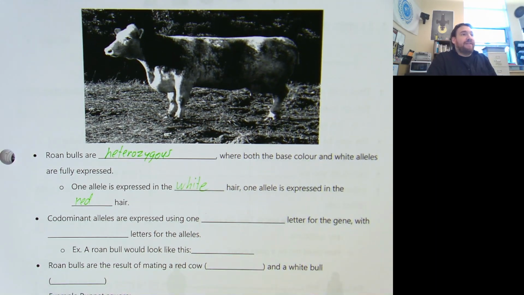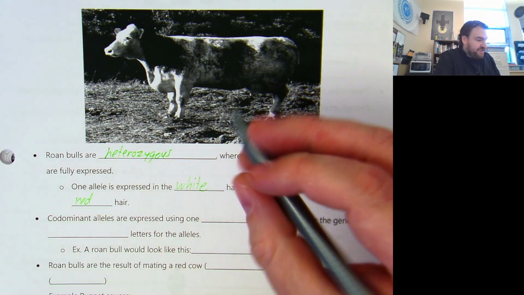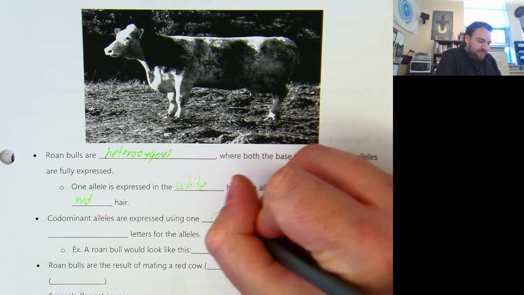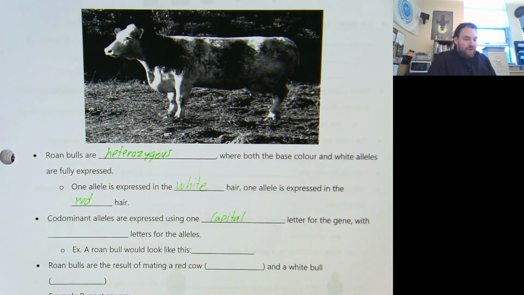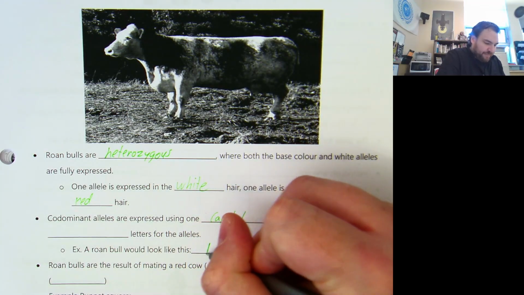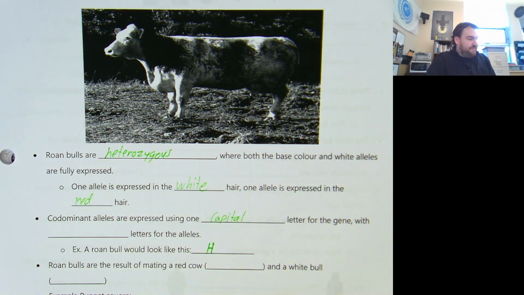And the way we write this down is, because they are both equally dominant, they're expressed using one capital letter for the gene. In this case, we're looking at the gene for hair color. So I'm just going to use capital H as the dominant form of the gene. So I've got my capital H there.